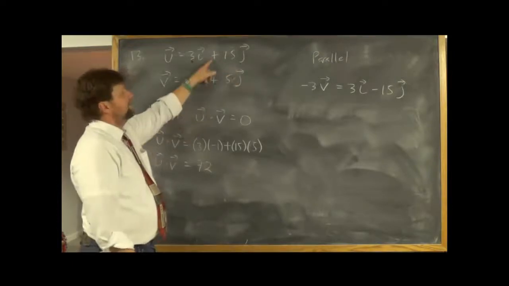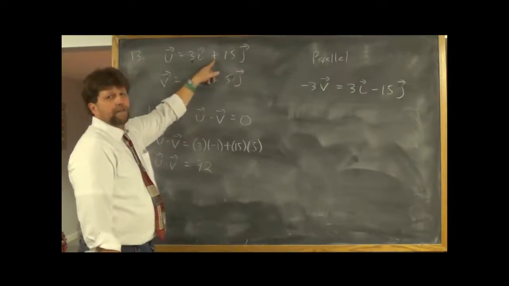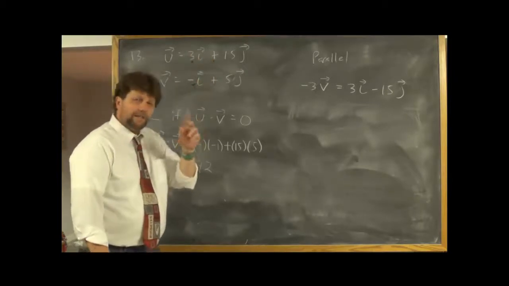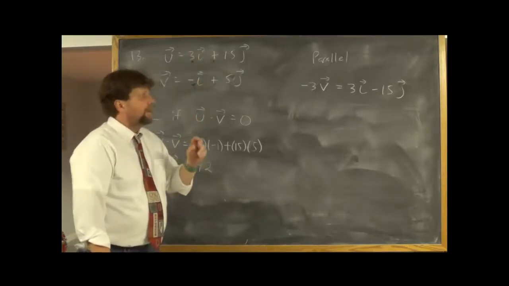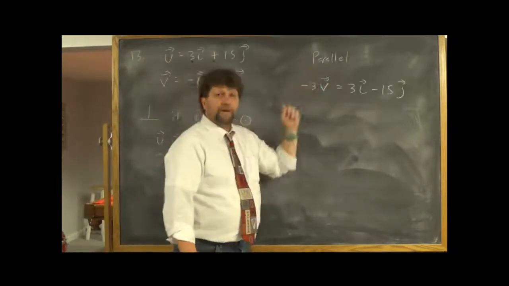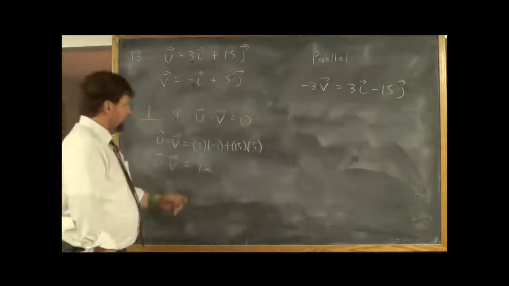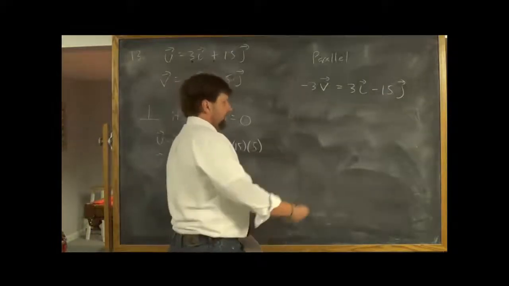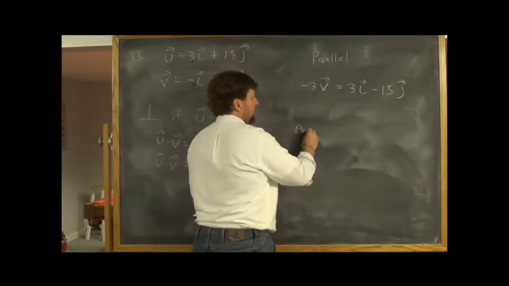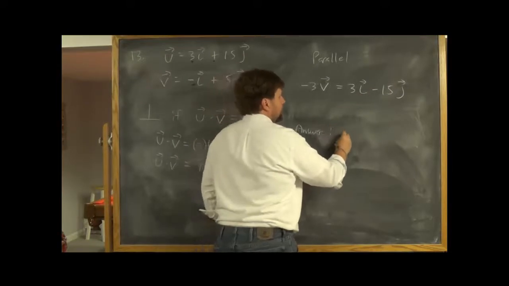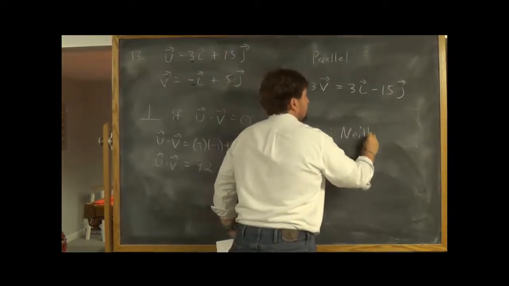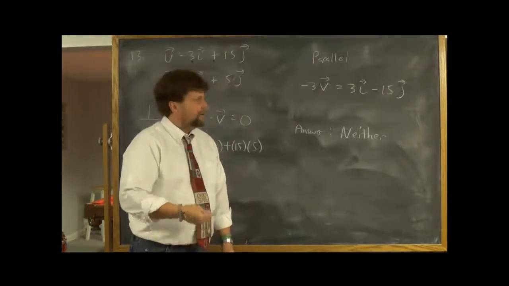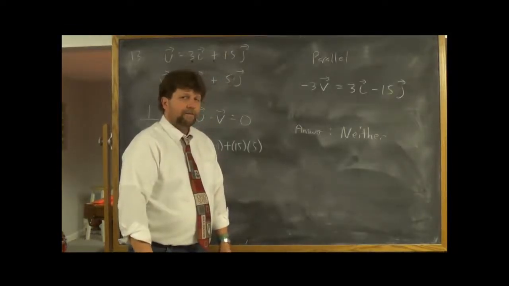Close, but this is plus, not minus. So these two vectors are not scalar multiples of each other. That means they are not parallel. If they're not orthogonal and they're not parallel, the only answer that makes sense here is neither. They are neither orthogonal nor parallel.